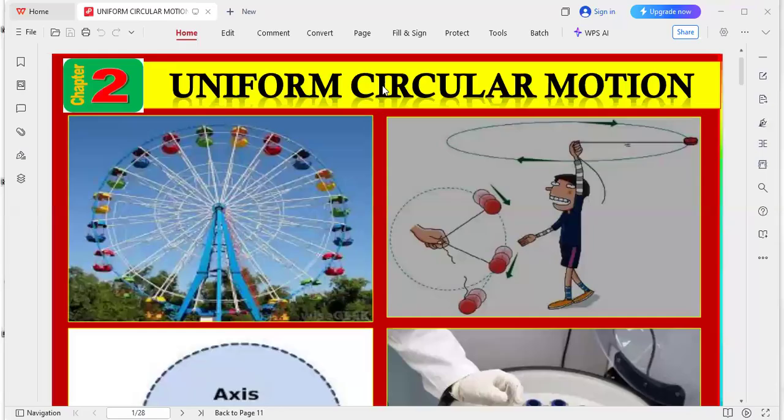Yes, tension will be uniform. As long as it's horizontal, tension will be uniform. But in a vertical manner, it's not uniform. Thank you for that question.